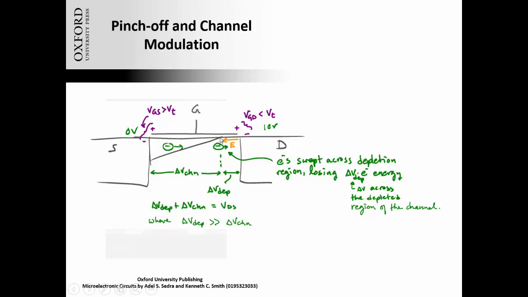Let's say the gate voltage is set to 2 volts, okay? So over here at the left, I have 2 volts minus 1 volt for a threshold voltage, and that gives me a 1 volt overdrive, right?